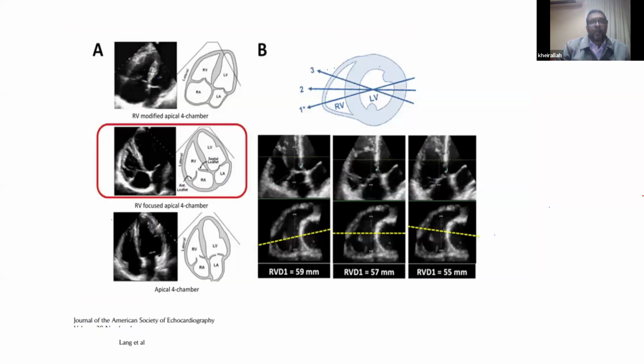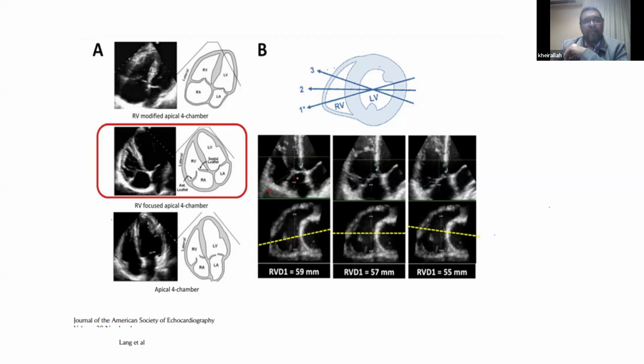Okay. Now for the RV, it is a harder chamber to quantify than the LV. Some things make it harder, some make it easier. The geometry of the RV is a bit complex. According to the cut, you might come across it in a different orientation and get different images.